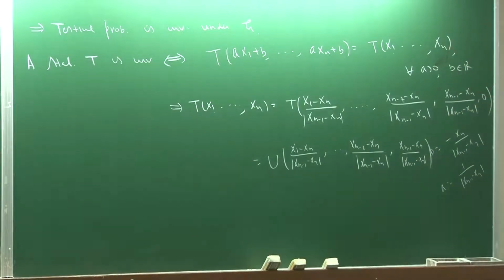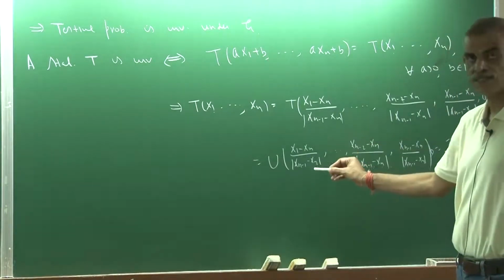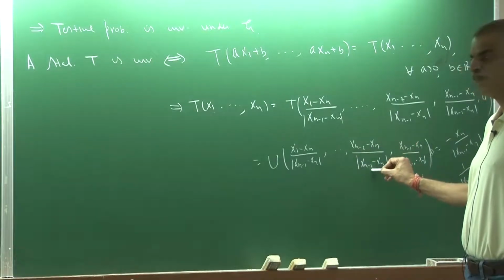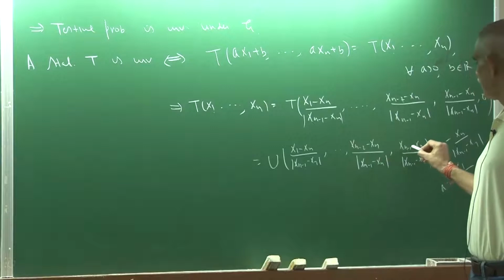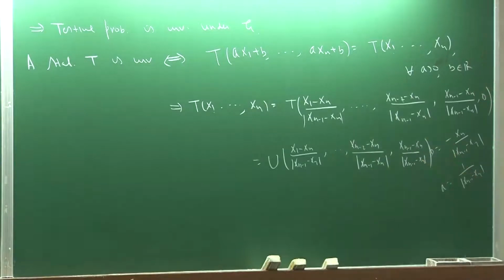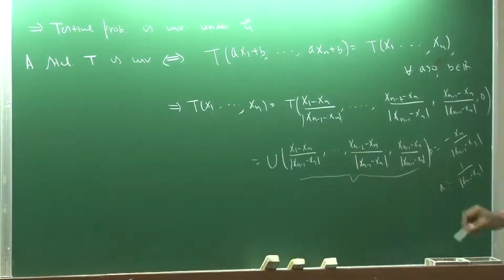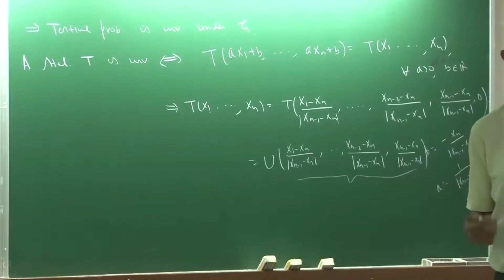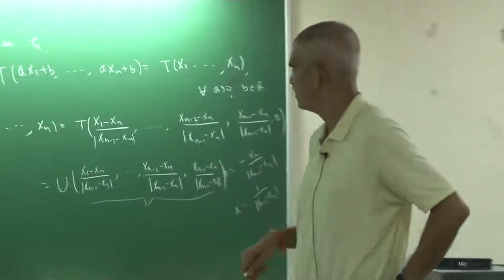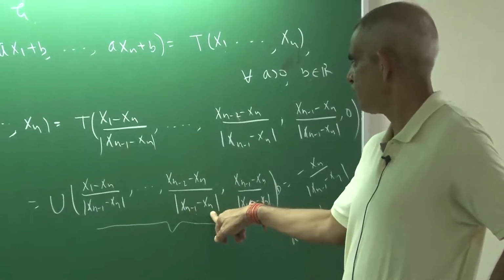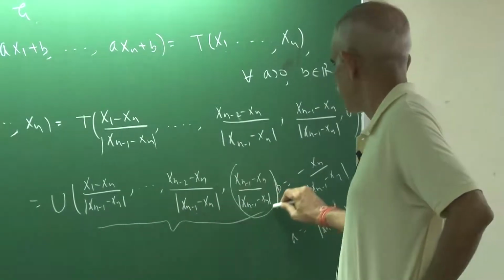So what it means is that it is some function of these quantities. This quantity is clearly a 1-to-1 function of x1 minus xn divided by xn minus 1 minus xn, xn minus 2 minus xn divided by xn minus 1 minus xn, and this last quantity.